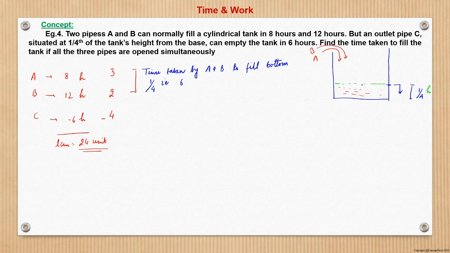Total work is 24 units, so 1 by 4 would be 6 units, and they are working at a rate of 3 plus 2, 5 units per hour. So to complete 6 units, they take 6 by 5 hours, right? 6 by 5 hours. Now what?